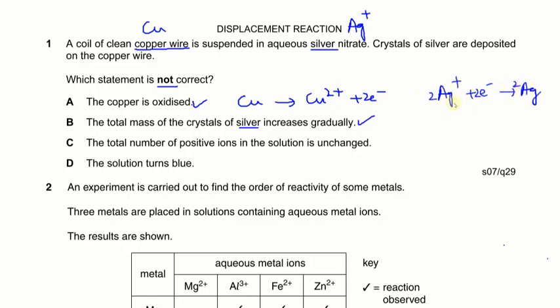For every one ion added to the solution, two ions go out of it. So the total number of positive ions does not remain unchanged; they are actually decreasing in number. So C is the answer, as that is not correct. The solution turns blue, yes, because of the copper ions.